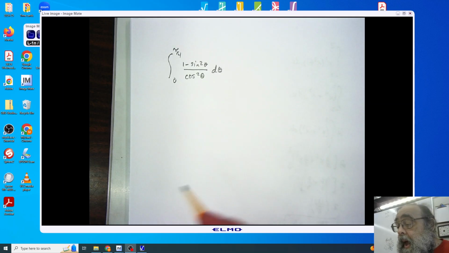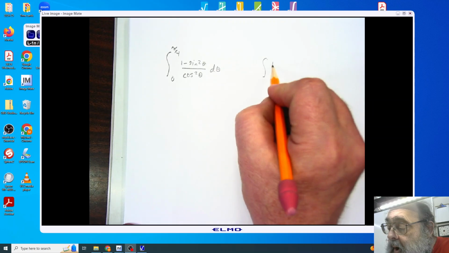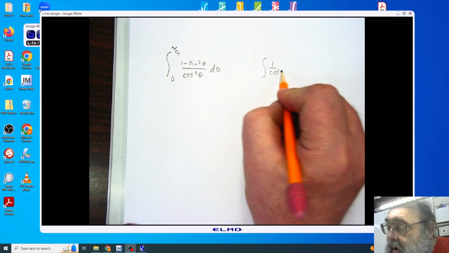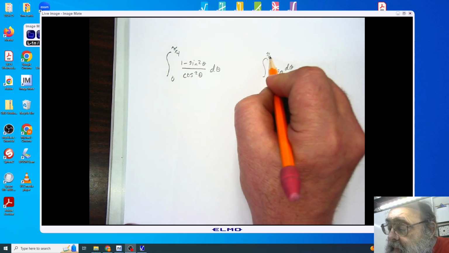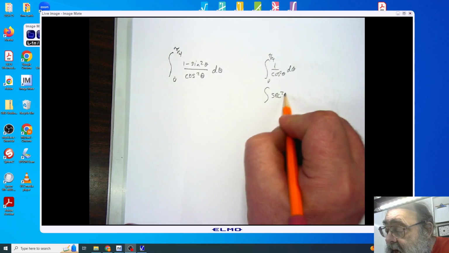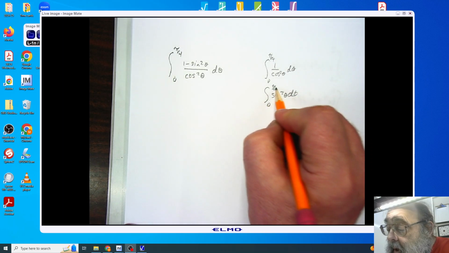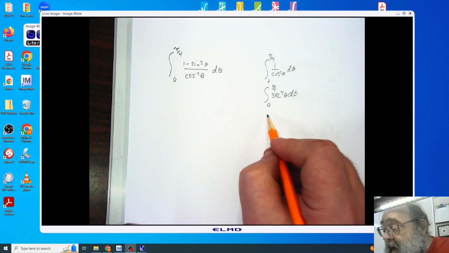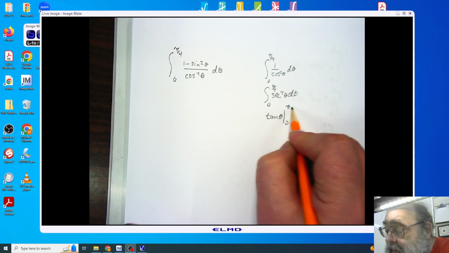For example, I could look at the integration of the 1 over cosine squared theta d theta from 0 to pi over 4. And we know that this is simply secant squared theta d theta from 0 to pi over 4. And therefore we know that this has to be our tangent of theta from 0 to pi over 4.